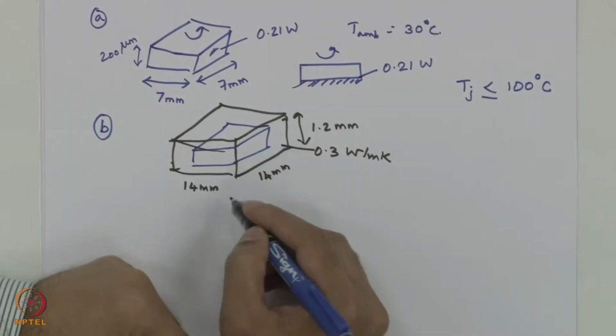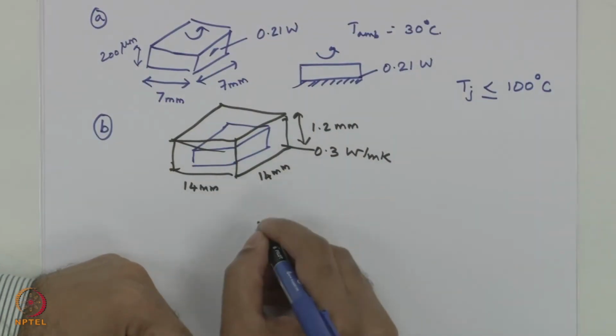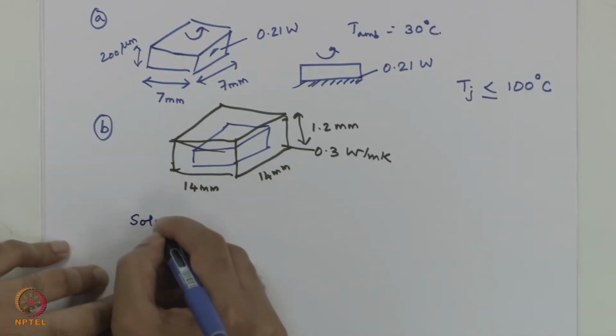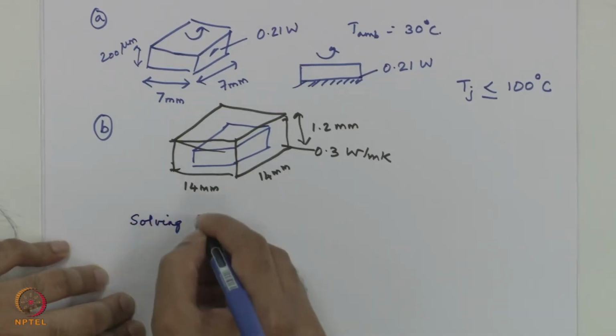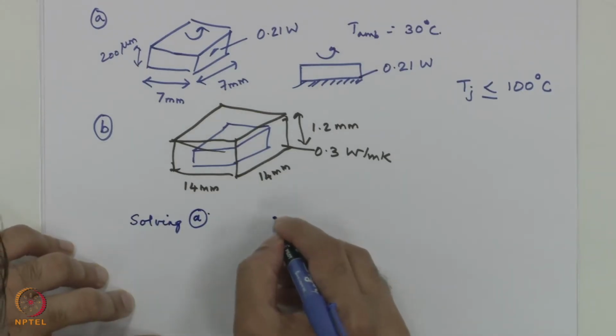And so first let's take problem statement A, as shown here. Since the heat dissipation is happening only by natural convection, solving for problem A, the resistance network is very simple.